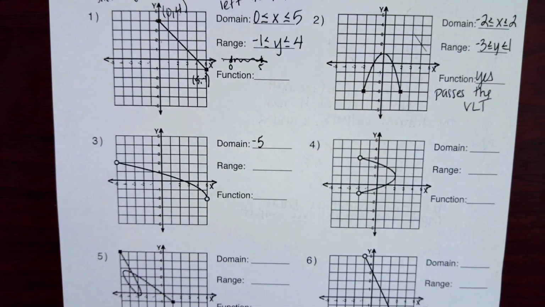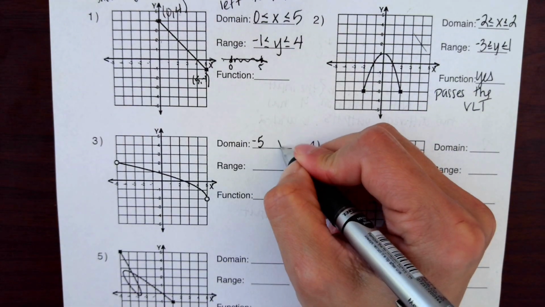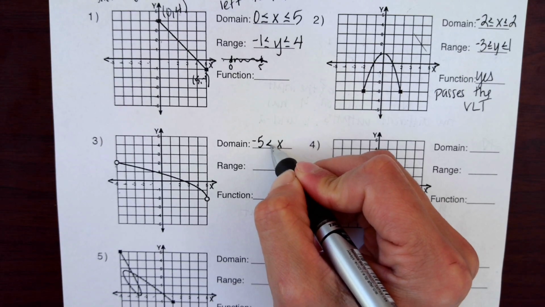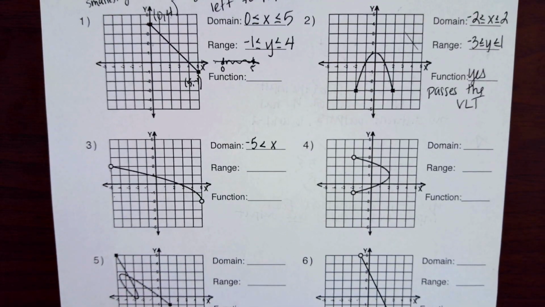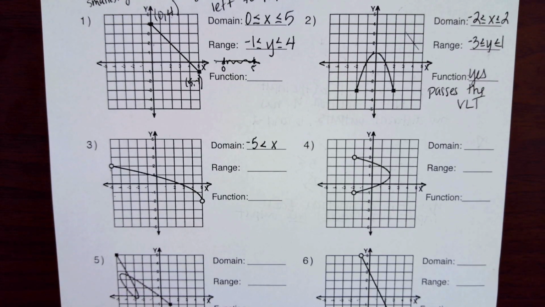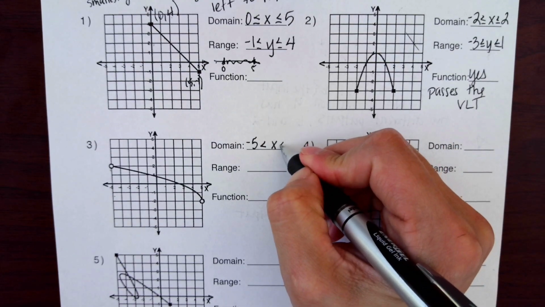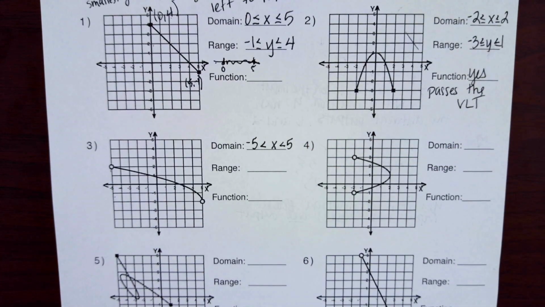So our smallest x value is -5. But since it's not including -5, we just use a less than symbol. If that circle was filled, we would have less than or equal to. That's the only difference. And then on the right side, that x value is 5. Again, not inclusive because we have an open circle.